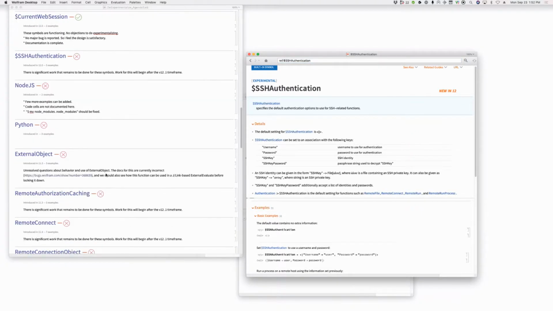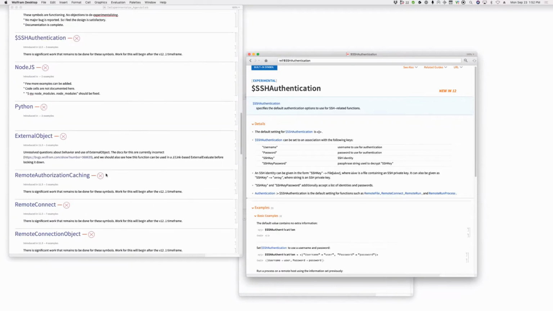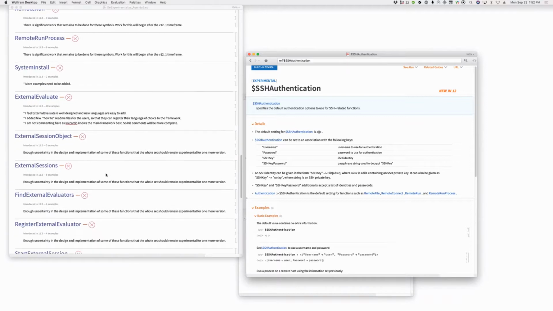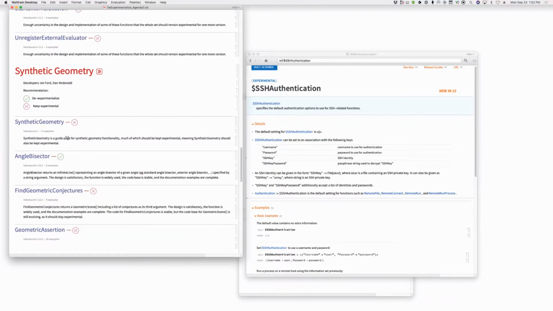Okay. Let's go on. Let's see whether there's anything that we can quickly do, because there's clearly a lot of stuff here that's a whole complicated story. Synthetic geometry. What is synthetic geometry? Oh, it's a guide page.